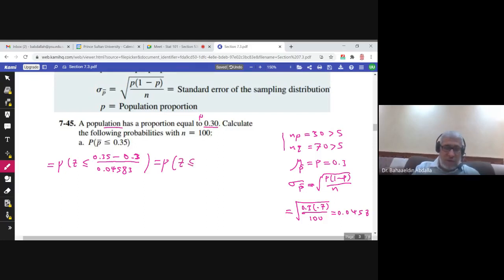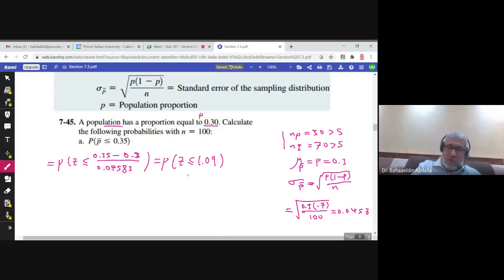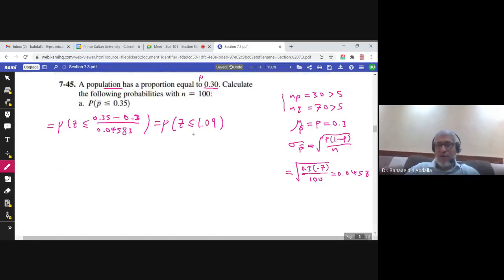So I'll say 0.35 minus 0.3 divided by the answer, which is this one. And now you need to approximate to 2 decimals, and you will have probability of Z less than or equal to 1.09. And to find this probability, you go to the standard normal and find this probability.